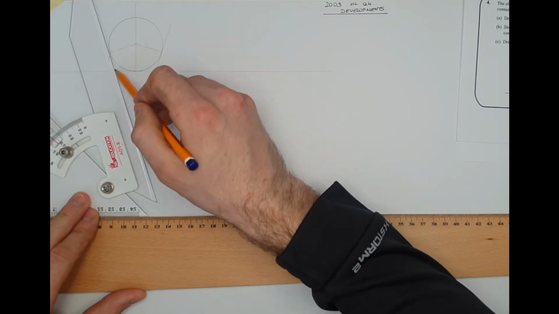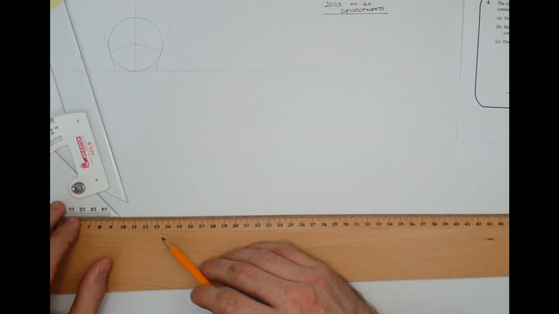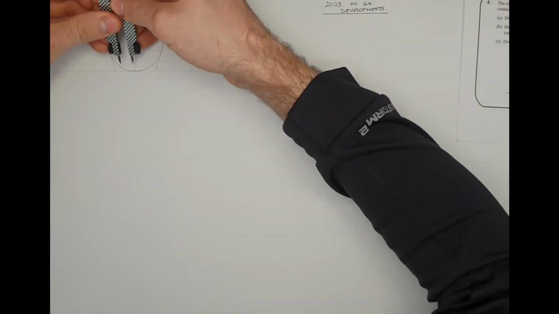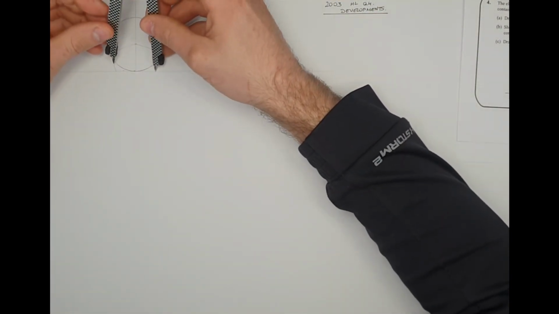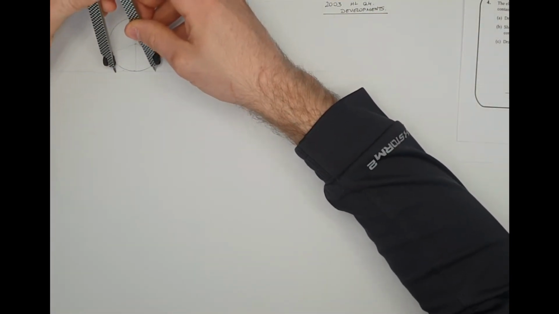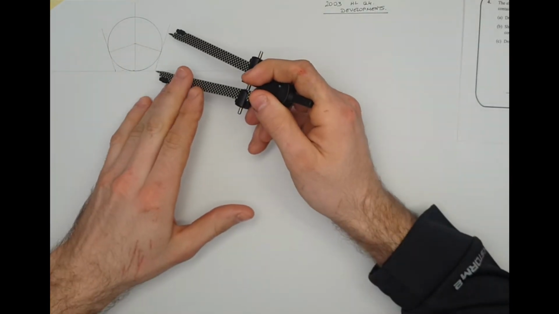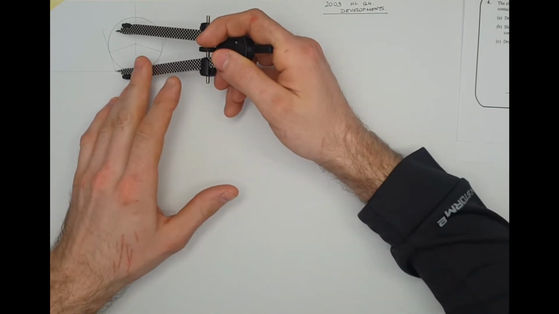What I've just done is I've found 2 points of contact for 2 of my faces. Inadvertently, when I've done 2 points, I've also found the length of the side of this pentagon. That is the true length of each of the sides of the pentagon, so I can step off here.